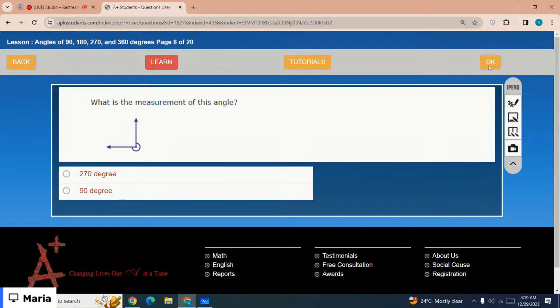What is the measurement of the angle? The correct option is 90 degrees.